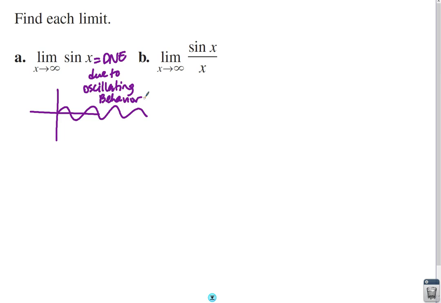Okay. Ooh, what about the sine of x over x? Well, we've done that as x approaches 0, but have we done it as x approaches infinity? Maybe we have, maybe we haven't. But let's think about this. So sine of x over x, we know that it looks like this, divided by a function that gets infinitely large. So something that bounces between -1 and 1, divided by something that gets infinitely large, is going to look like this.